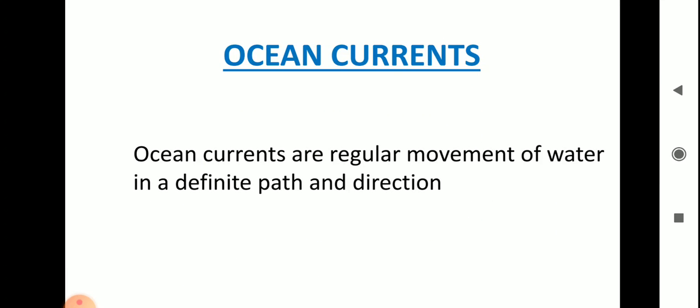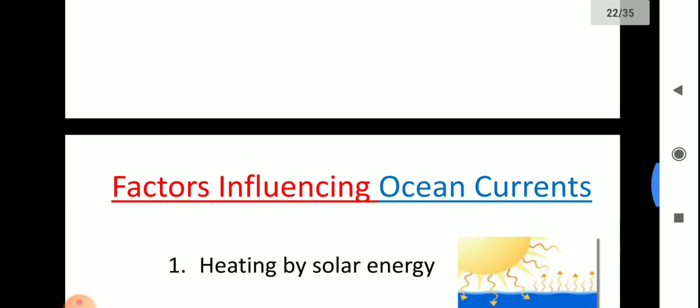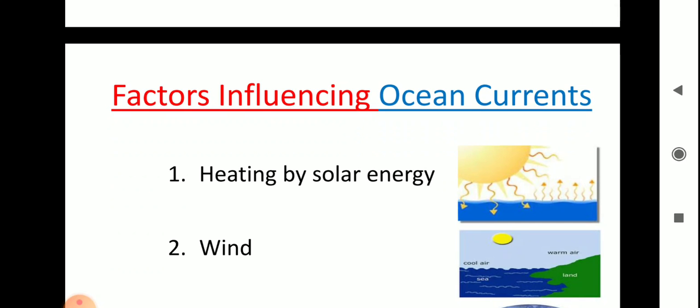So students, now ocean currents. When we say ocean currents, there are two forces that affect them: one is the primary force and the other is the secondary force. Secondary forces simply influence the flow. When we talk about the primary force, there are some factors influencing ocean currents.